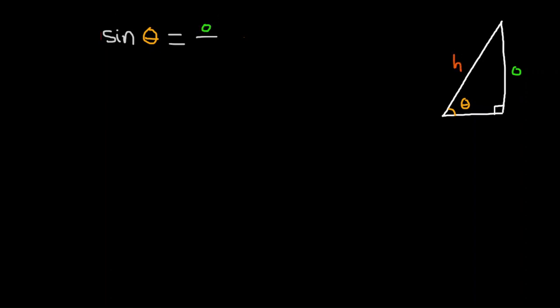So sine theta is equal to O over H. And then cos of theta is defined to be the side of the triangle adjacent to theta over the hypotenuse, H.